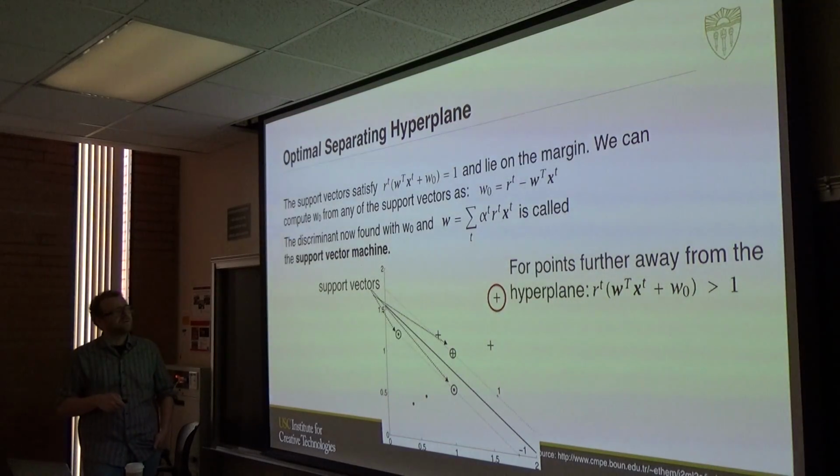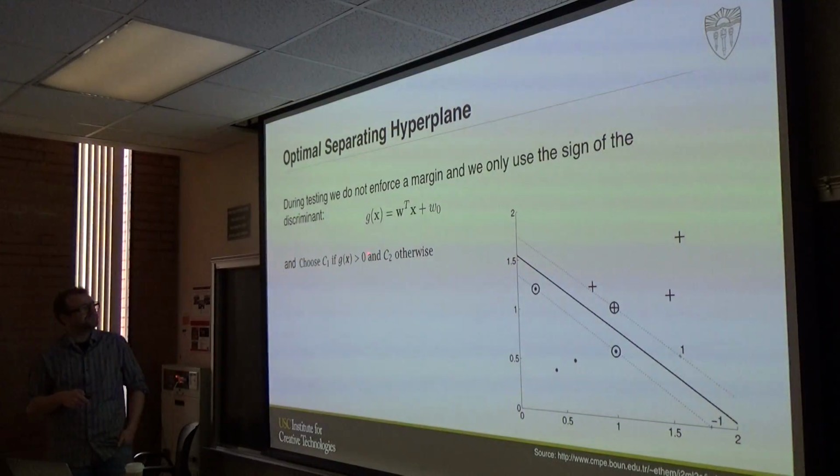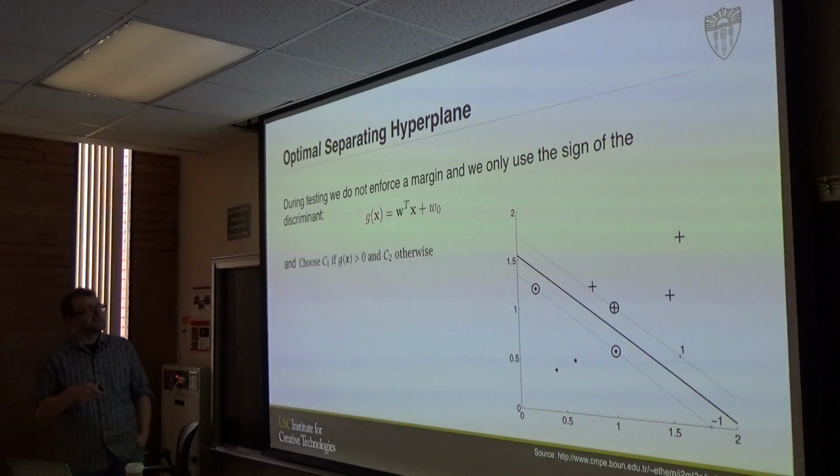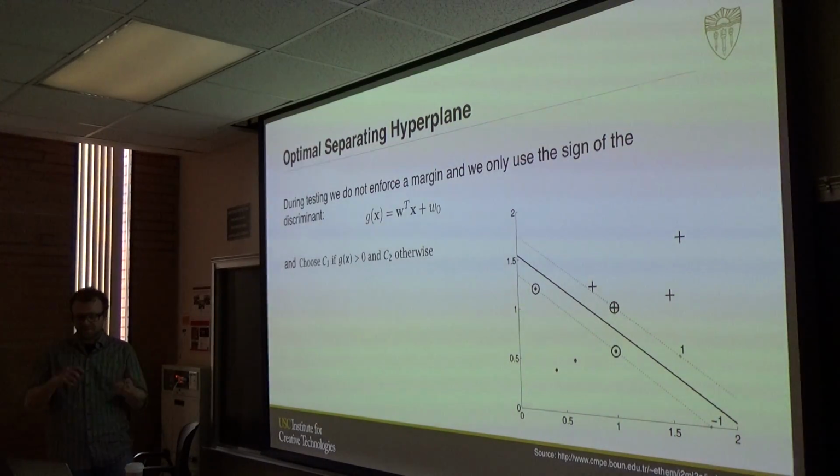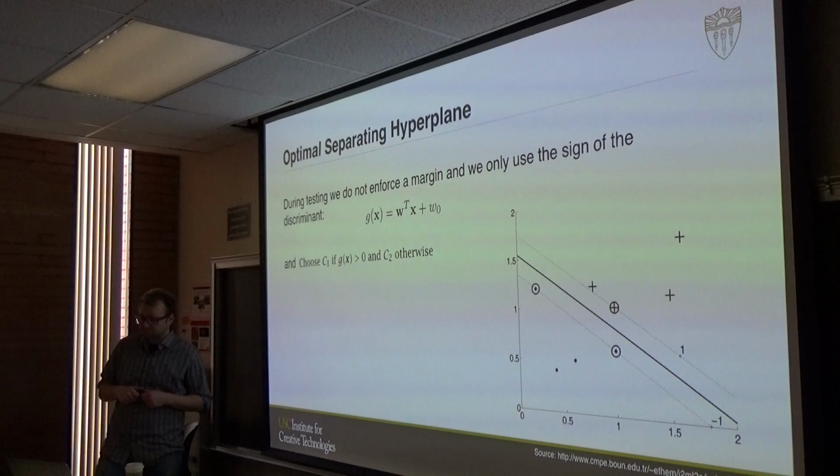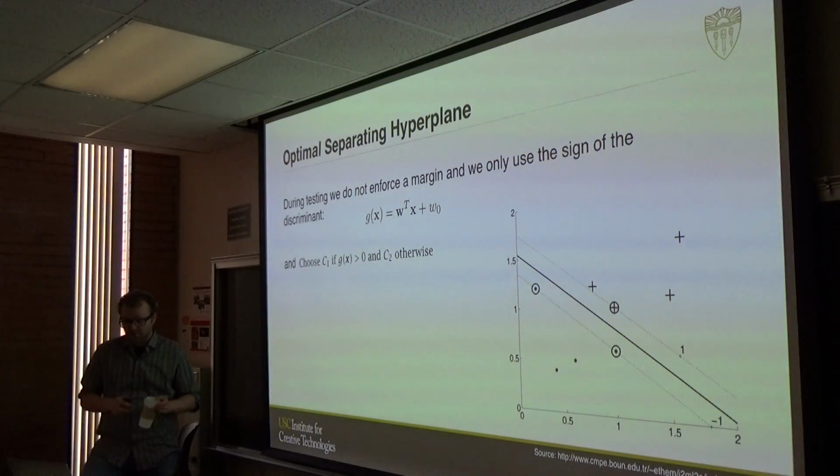Okay. So during testing, we just have to decide if this value is greater or less than 0, and decide on which side of the hyperplane this value falls, and that gives us the class. All right.